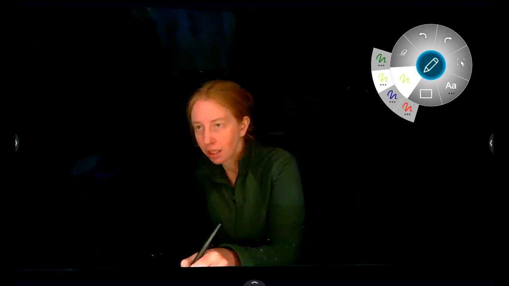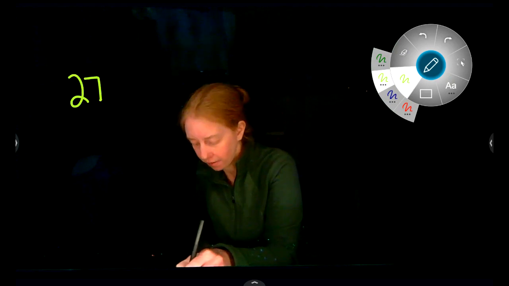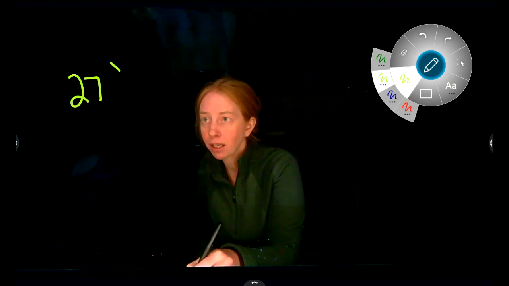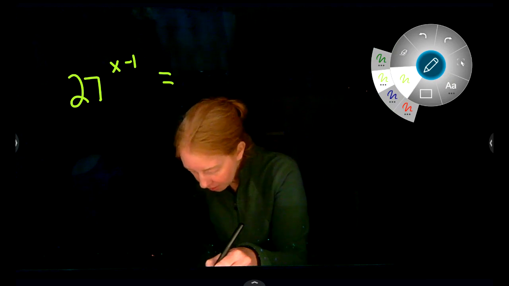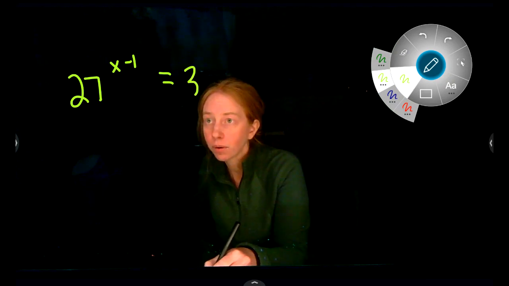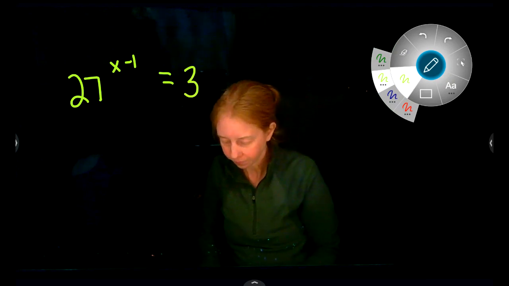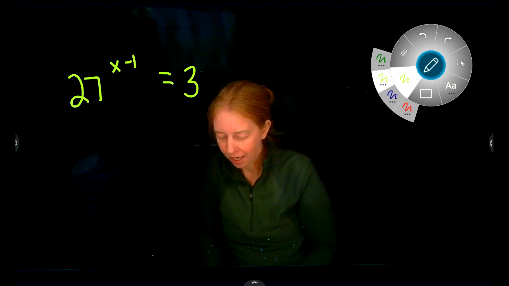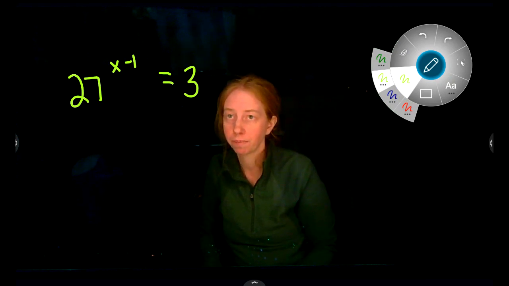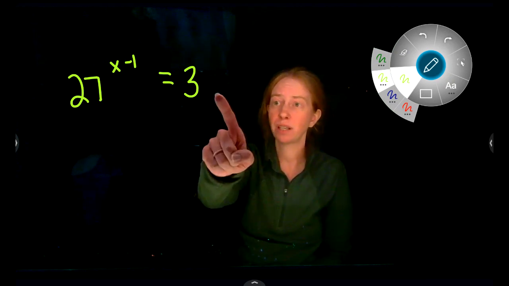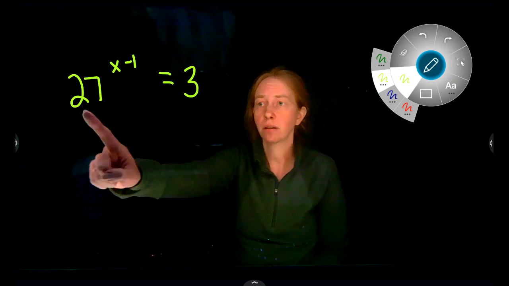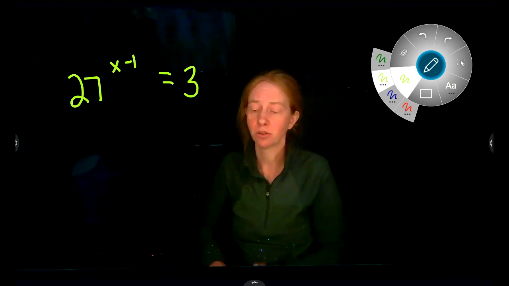If I have something like this, 27 to the x minus 1 equals 3. I don't love that example. This is the kind where the number over here is smaller than the one over here, and that's going to make this tricky.